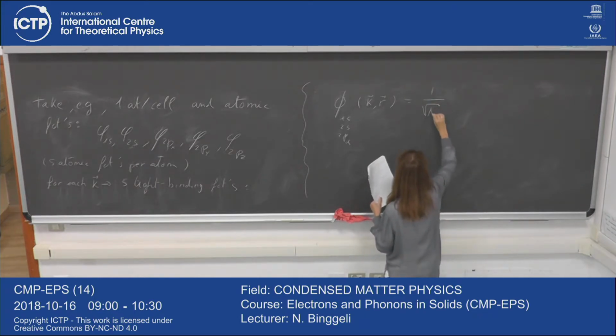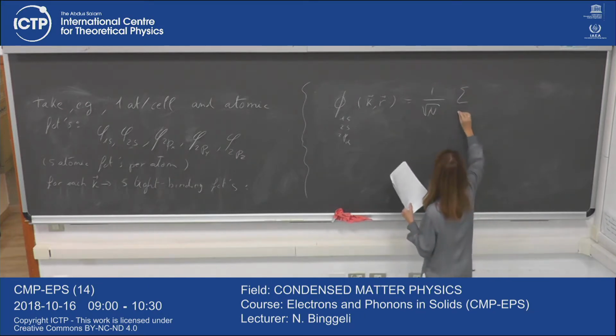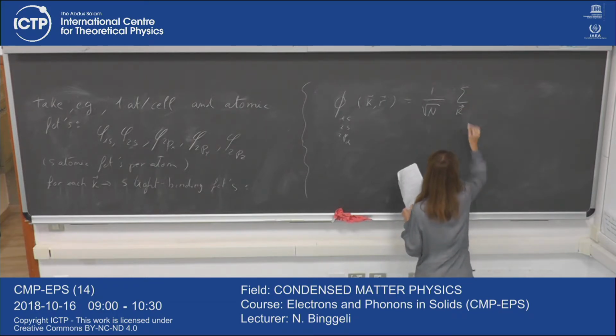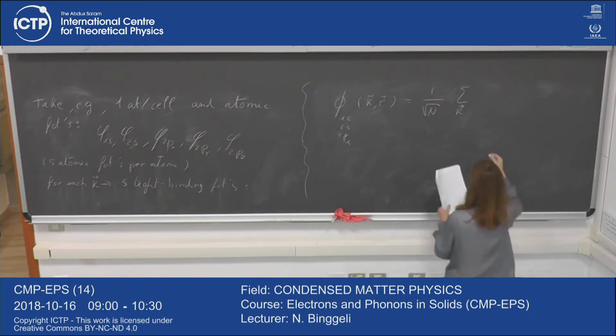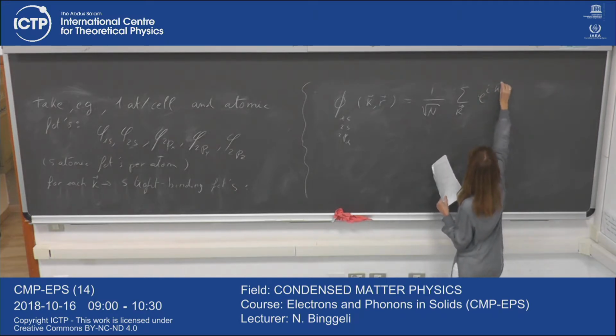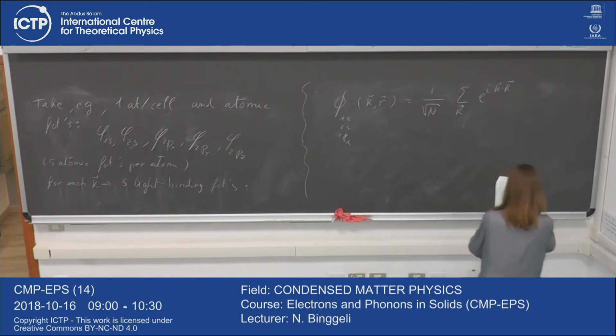So this is going to be 1 over the square root of N, the number of unit cells, times the sum over the lattice vectors R of e to the i k times r. This is my phase.